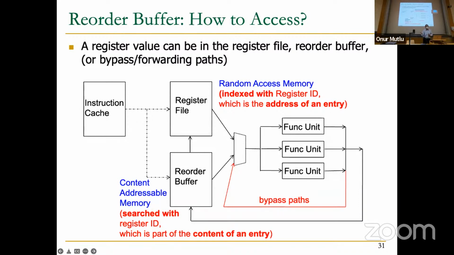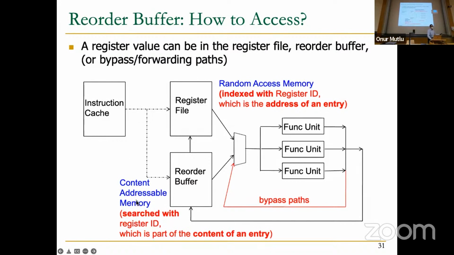Can you give it to me? So now this is a more complicated search, because there may be multiple instructions in the reorder buffer that actually write to register 3. Some of them have finished, some of them did not finish. You want the latest instruction that wrote to register 3 that is just before this instruction, of course, right? That's the idea. So this is actually a very complicated search.